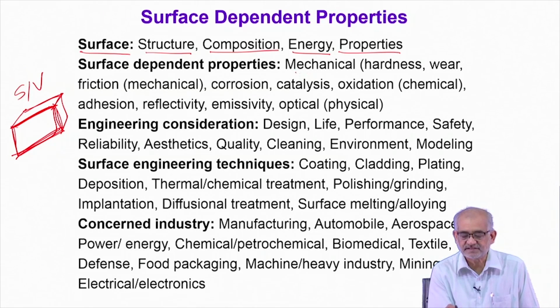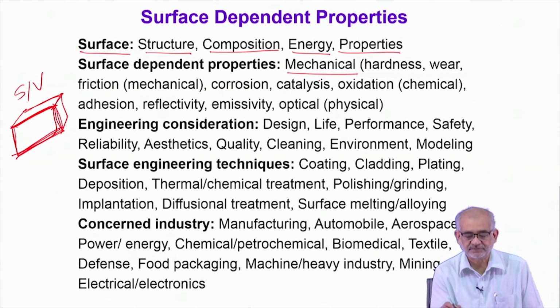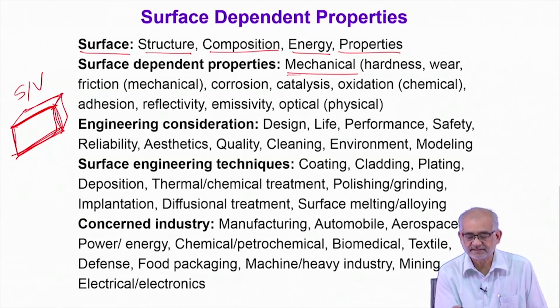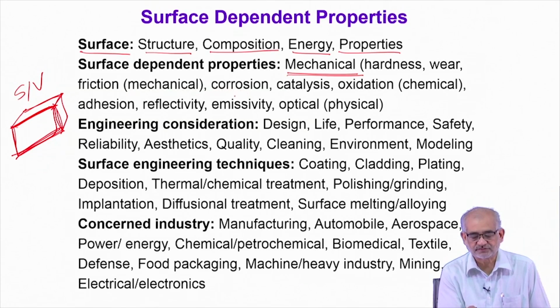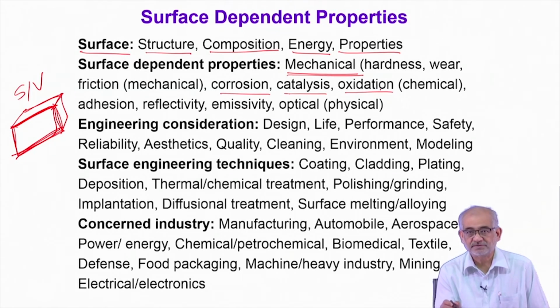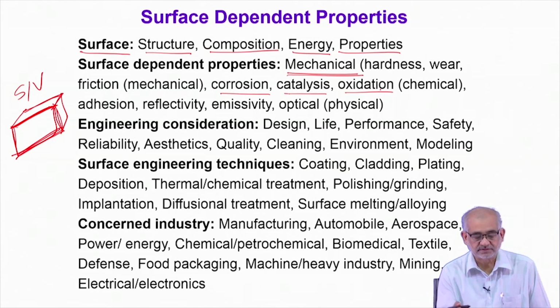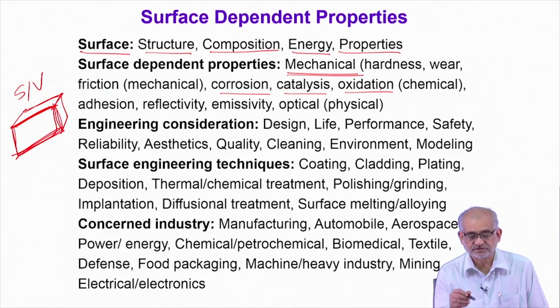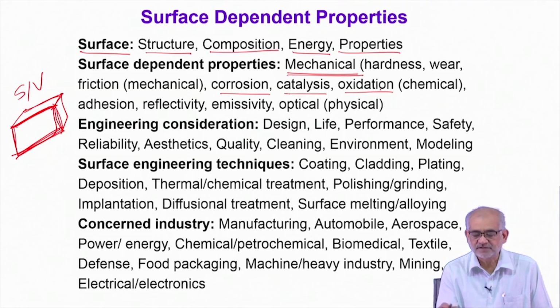So there are 3 major classes of surface dependent properties we have already talked about. One is the mechanical properties, namely hardness, wear, friction, and so on and so forth. We can have properties which are of a chemical nature: corrosion properties, catalysis, oxidation, chemisorption, even various kinds of diffusional activities and so on, which primarily depend upon the composition and the chemical, the Gibbs energy or the chemical potential of the surface.